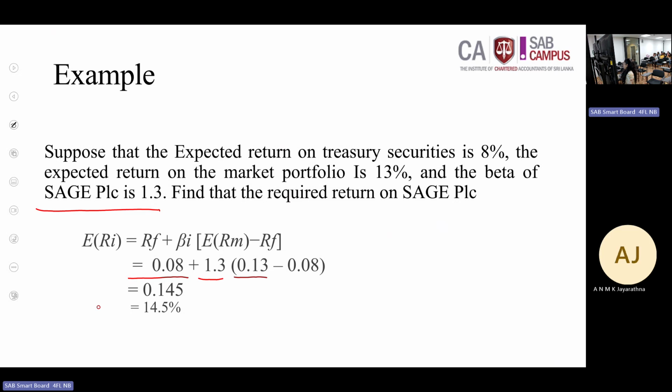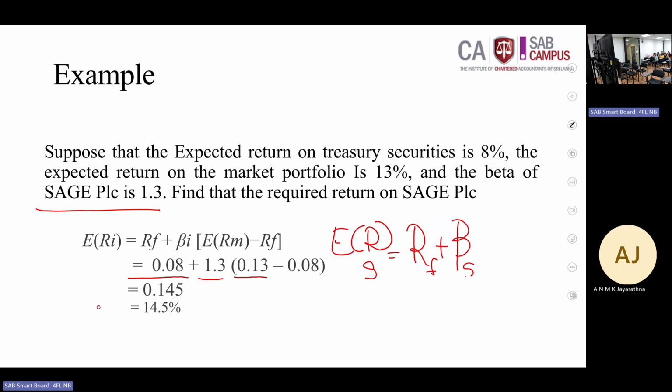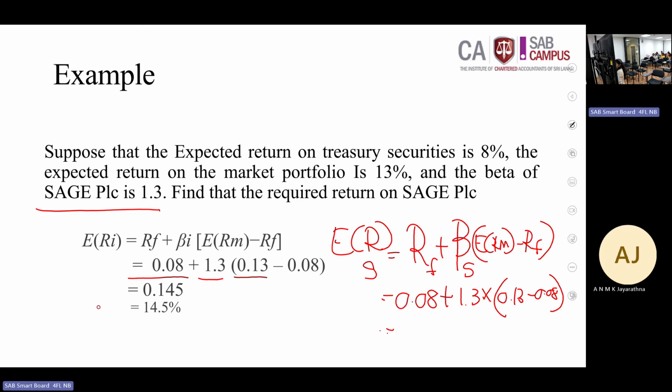The expected return of Sage equals the risk-free return rate plus beta of S multiplied by the expected return of the market minus the risk-free return. Risk-free return is 0.08, beta of S is 1.3, and you multiply by 0.13, the market portfolio return, minus 0.08, the risk-free return. Altogether, the answer is 14.5.